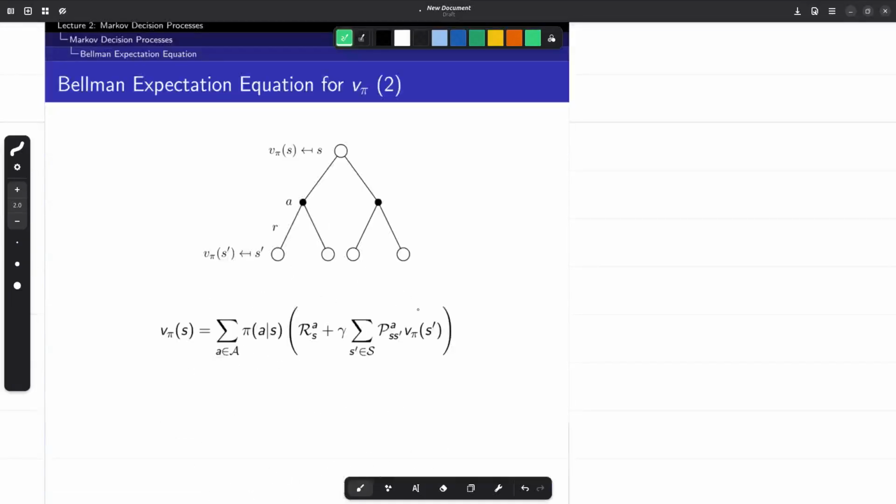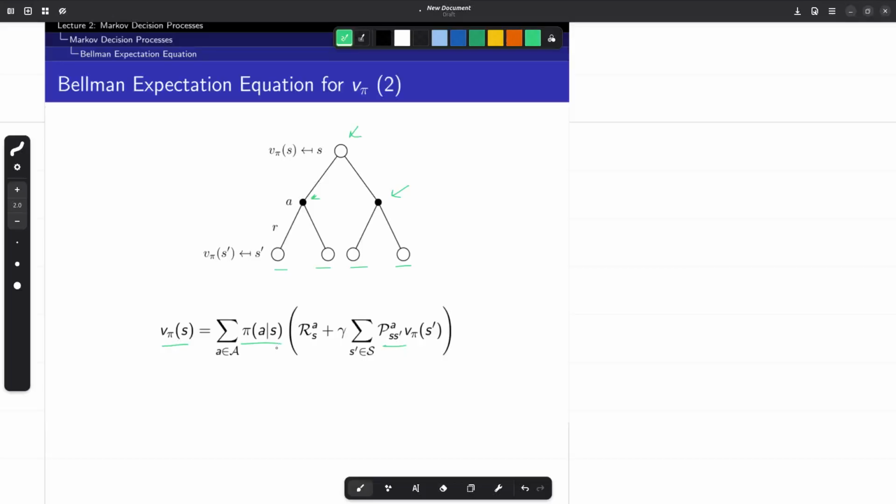And we can write down these two formulas together whenever you are in a state. In that state, you can choose different actions. So let's say that this is one action and this is another action. After choosing that action, depending on the probabilities that we have in that environment, you would end up in different states. So in order to calculate the value of a state, we would have to multiply the probability of choosing that particular action in that state.